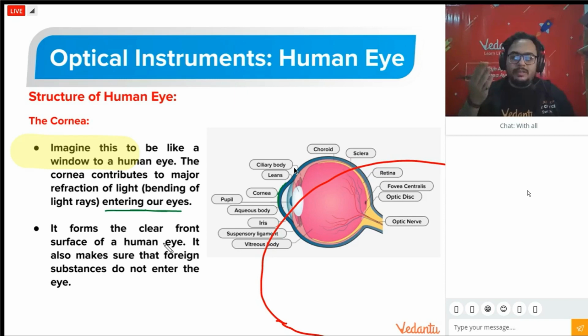It also makes sure that foreign substances, dust, dirt, pollution, do not enter your eye. Your finger also sometimes. If you have a bigger brother or sister, you might have seen they try to put their finger in your eye. So the cornea is the element that is preventing that from happening.